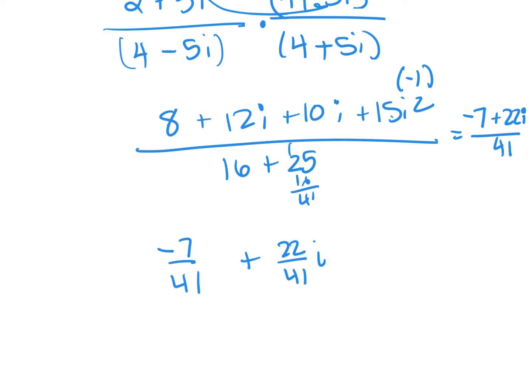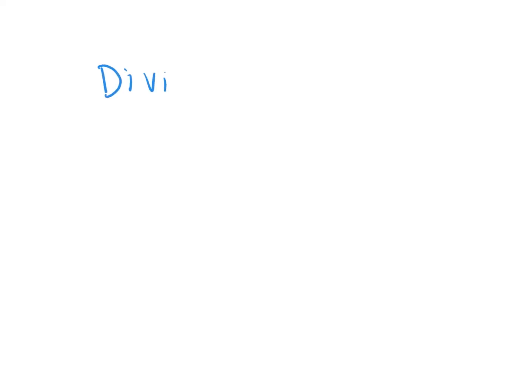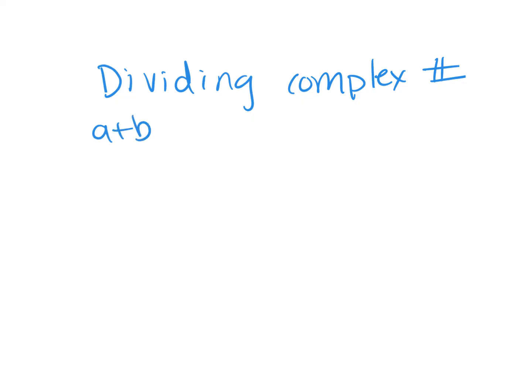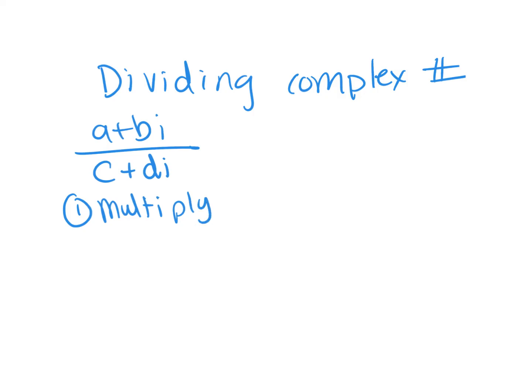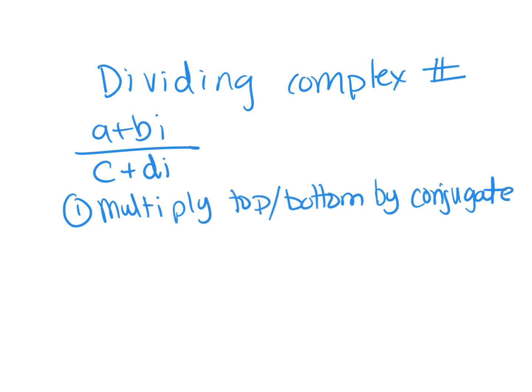Okay? So I will write down the steps for you for dividing complex numbers. All right. Step 1, multiply top and bottom by the conjugate. In this case, it's c minus di.